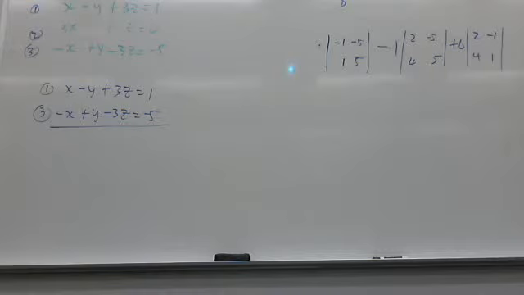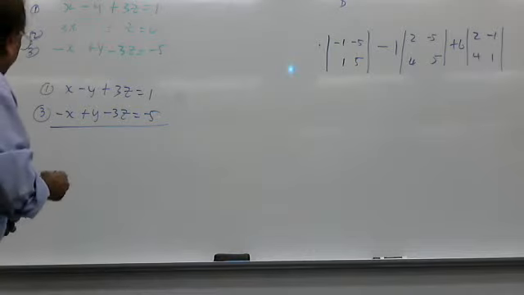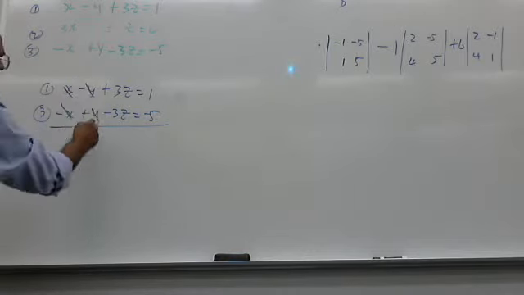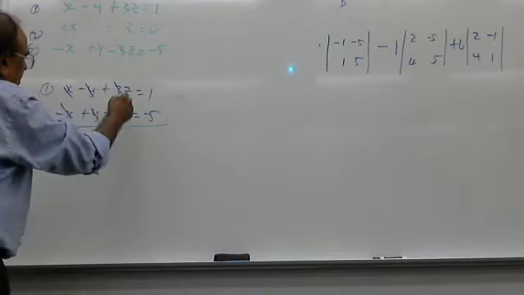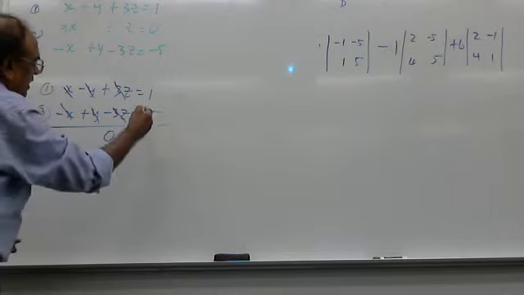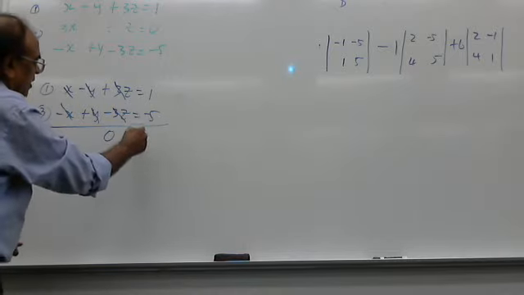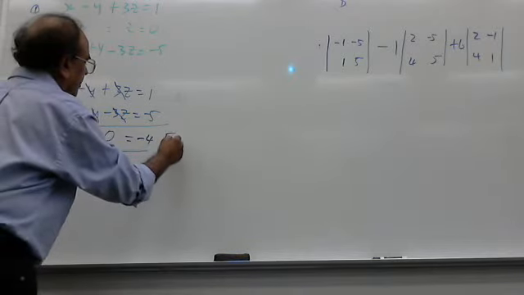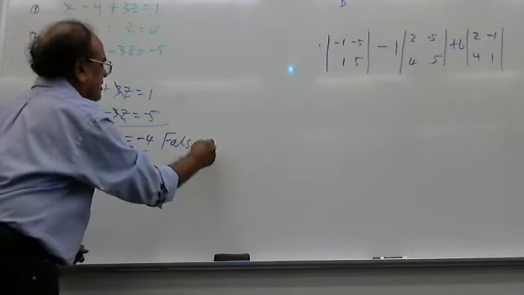You're welcome to bring up any question you have. So let's go ahead and add. Plus x and minus x cancel off. Negative y and plus y cancel off. 3z and minus 3z cancel off, and we get 0 over here. Or when we add the right hand side, 1 plus negative 5 will give us negative 4, and we get here a false statement.